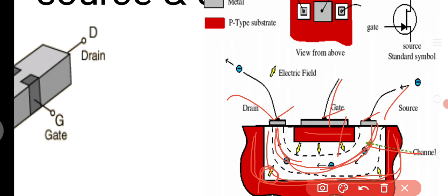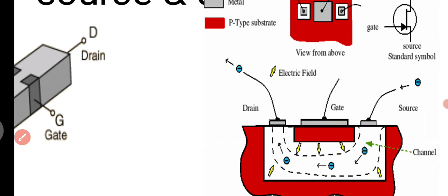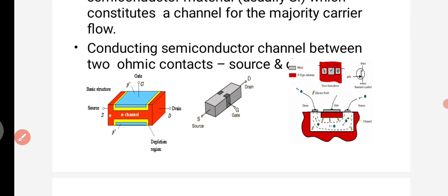Again, the channel is from source to the drain, which will be used for the flow of majority charge carriers. Next, the metallic contacts will be used for contacting the three terminals: drain, gate and source. This is the standard symbol of a FET. The inward direction of the arrow mark indicates the N channel JFET. This is the basic structure and cross-sectional view of an N-channel FET.